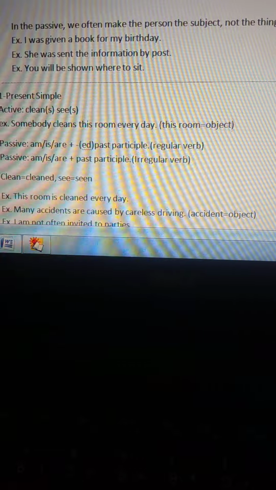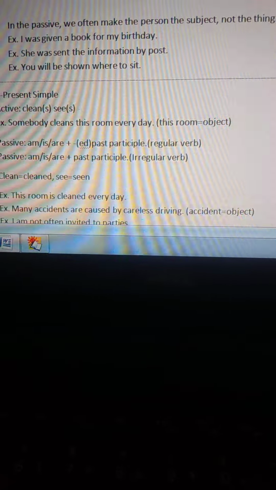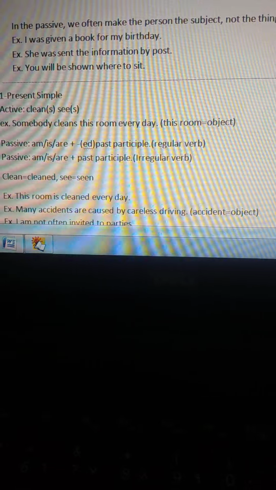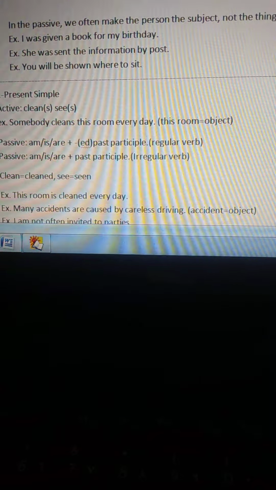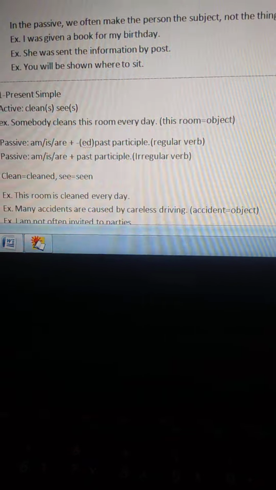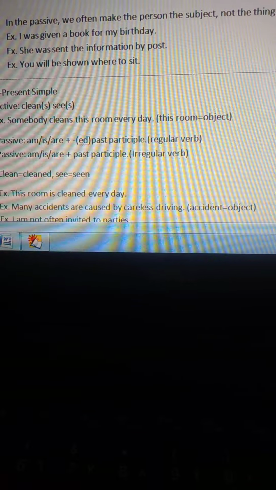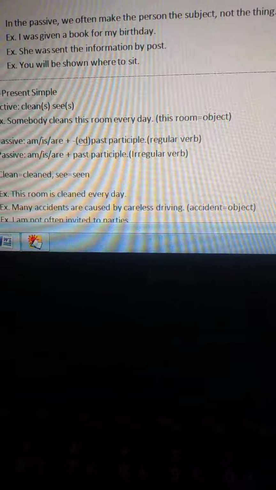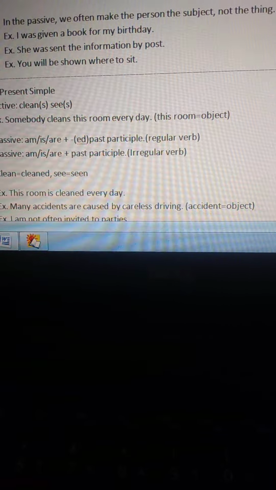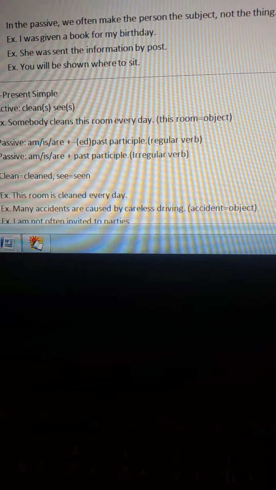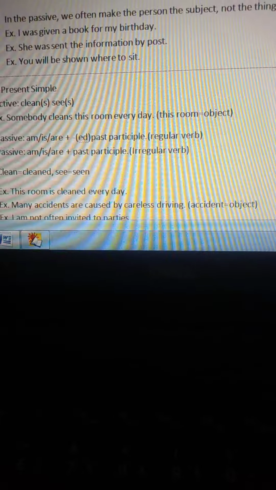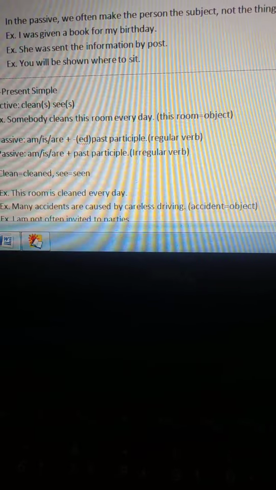In the passive, we often make the person the subject, not the thing. Example: I was given a book for my birthday. Second sentence: she was sent the information by post. Third sentence: you will be shown where to sit.